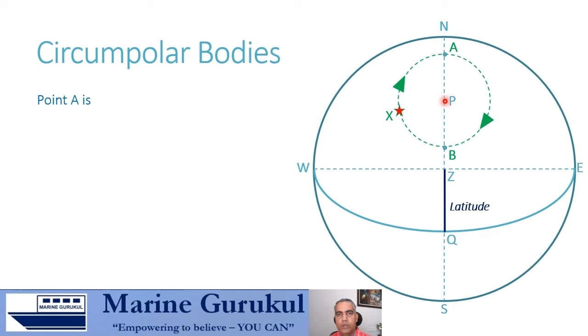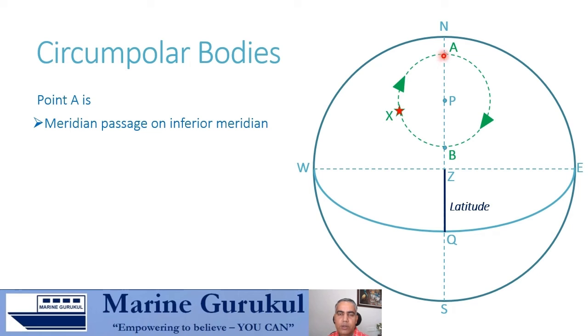When you go on the other side of the pole, this represents your inferior meridian, the reciprocal meridian. So at point A, the body crosses the inferior meridian of the observer. At point B, it crosses the observer's meridian.